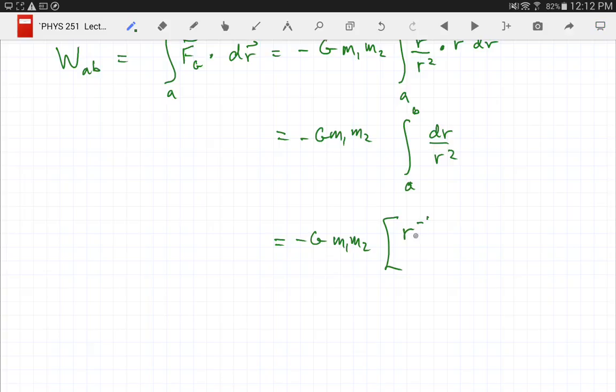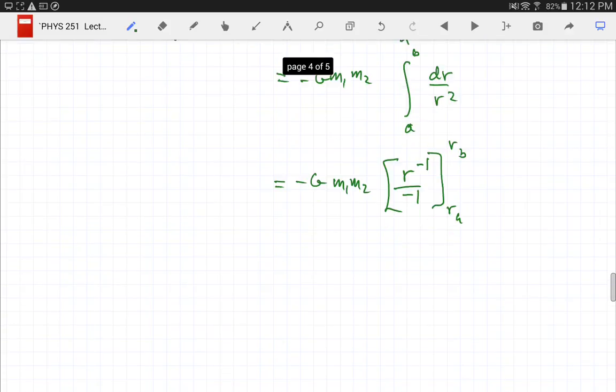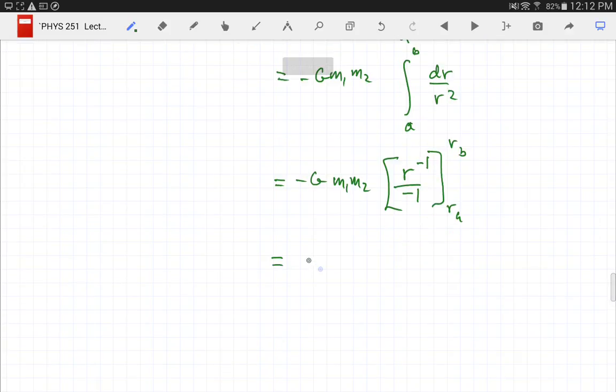So writing it the way I said it, or putting it in something that looks better, we have that for our gravitational potential energy equation.